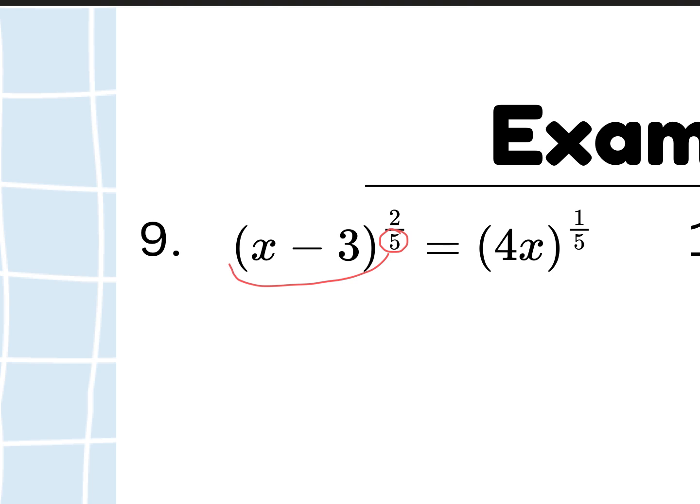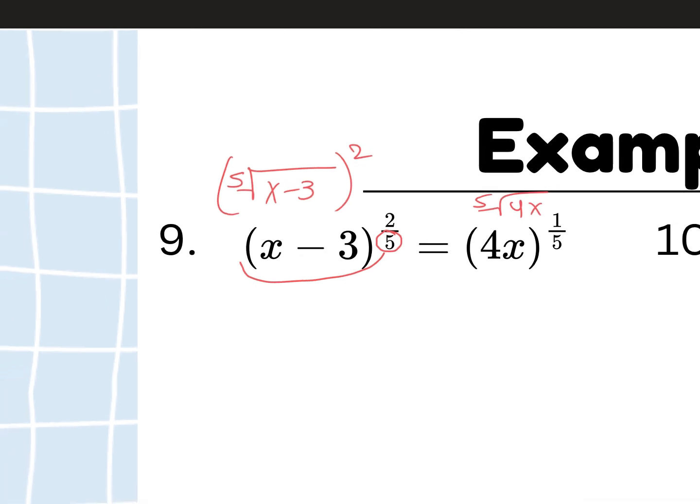So this would be the fifth root of (x minus 3) squared, and this would be the fifth root of 4x. All right, so we're not going to put it into radical and then solve like that. We're going to go right from our rational to solving. So this is what it's going to look like.